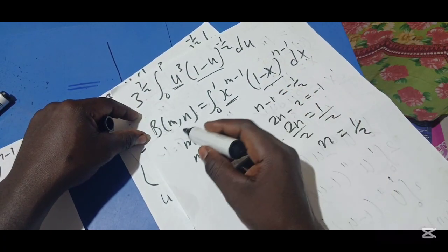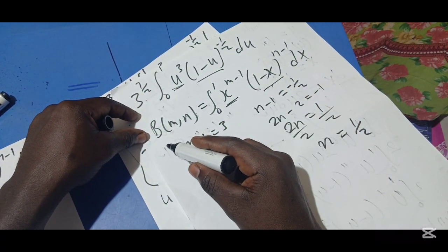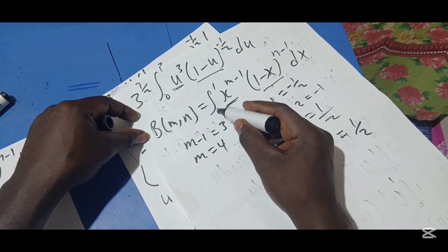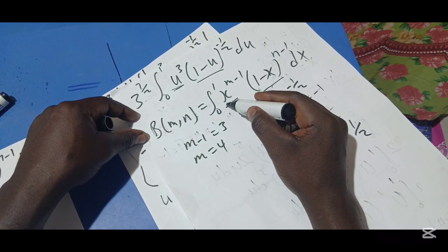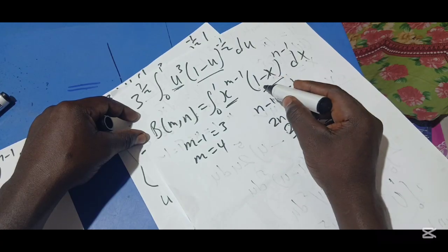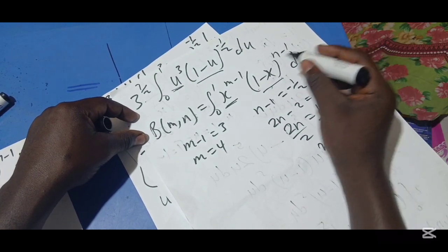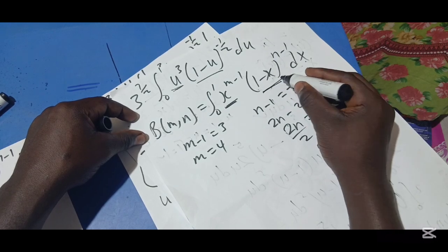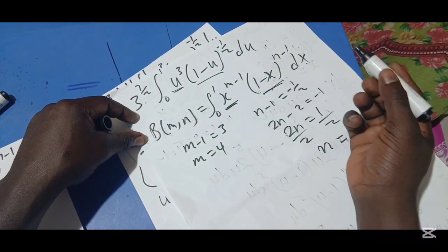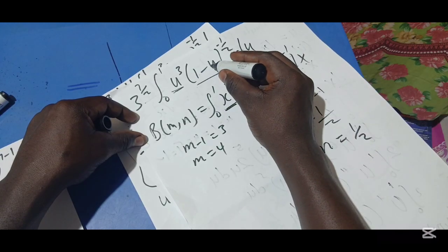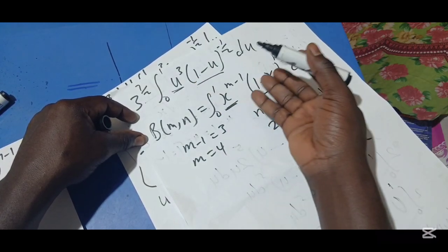So comparing it to the general definition for beta functions, now beta of m, n equals integral from 0 to 1 of x to the power m minus 1, bracket 1 minus x to the n minus 1 dx. So now we are going to compare powers and equate the corresponding powers. We have 1 minus x here, and we have 1 minus u here, which is more like the same thing.